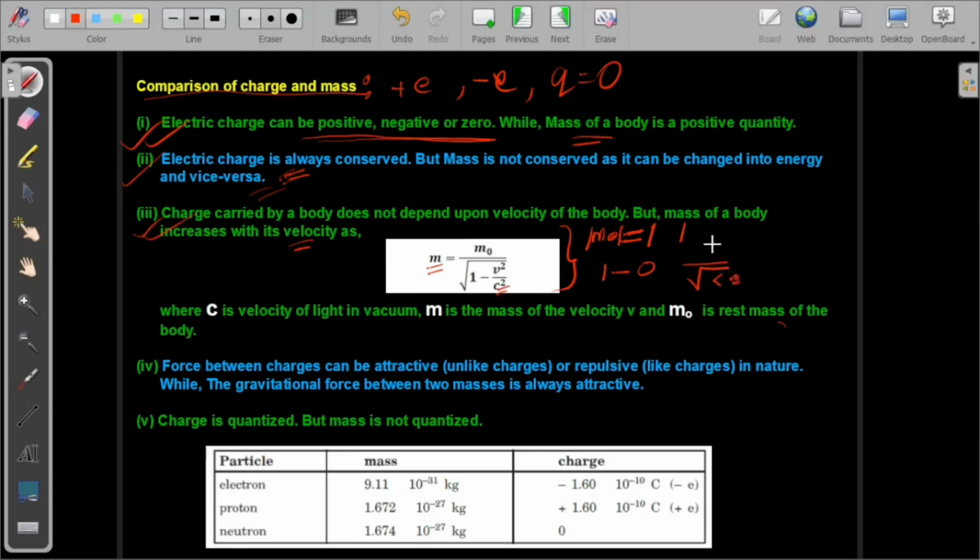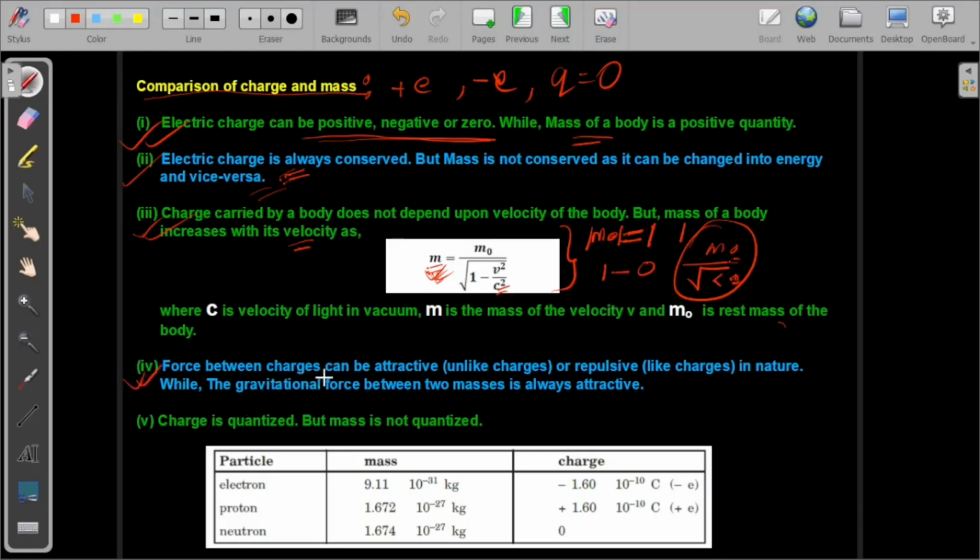If it is less than 1, this whole value will be greater than m naught. This value will be increasing. That means if a body moves, then its mass is changing. Understood.